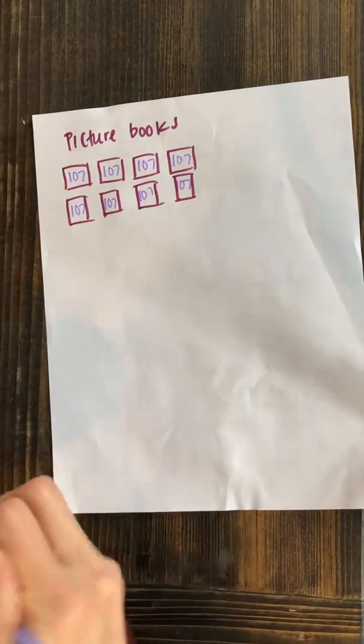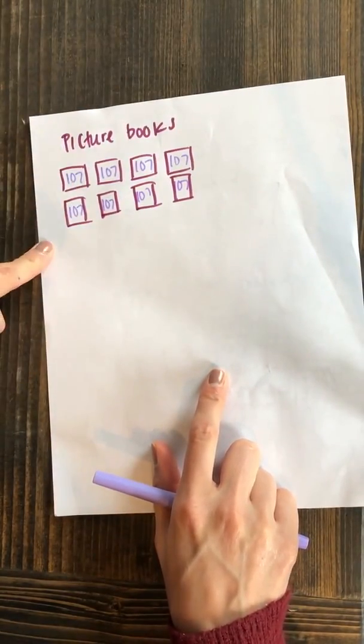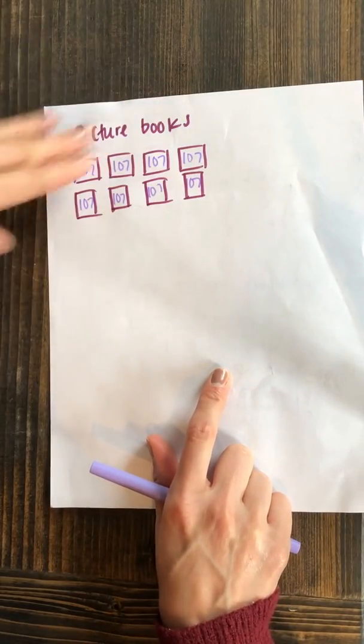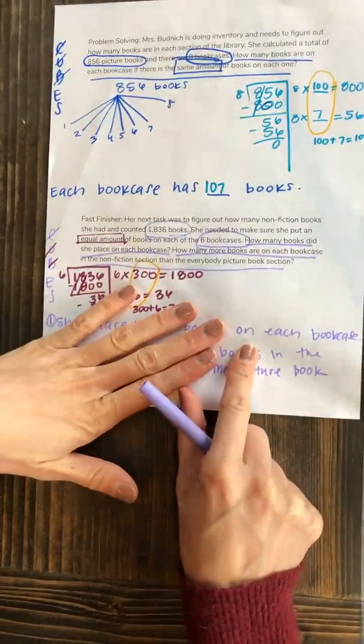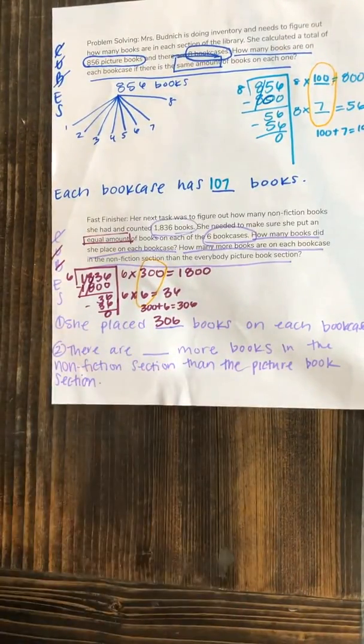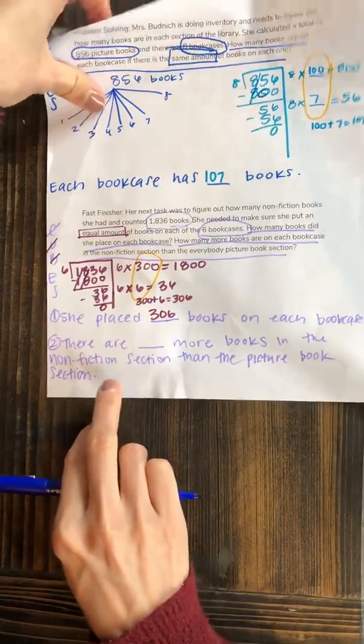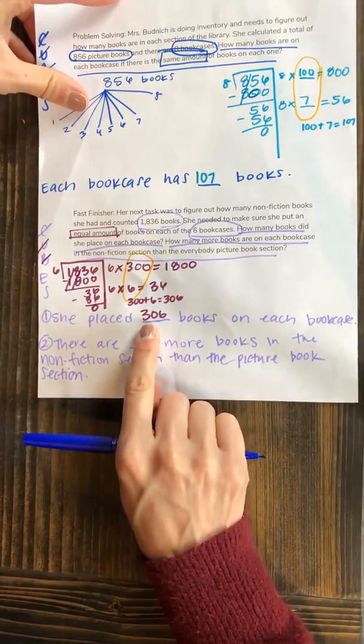Okay, so she has 1, 2, 3, 4, 5, 6, 7, 8 picture bookcases, and each bookcase has 107 books, okay? So she has this in the library, and she also has a whole nother section of books, nonfiction books. And she has 306 of them on 6 different bookcases.